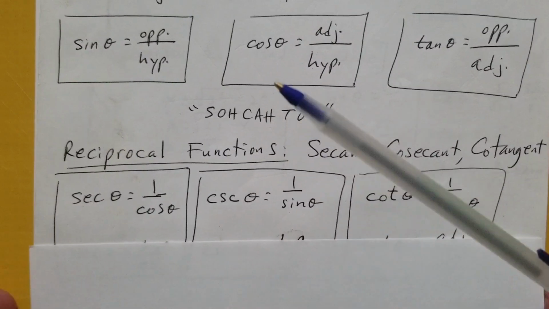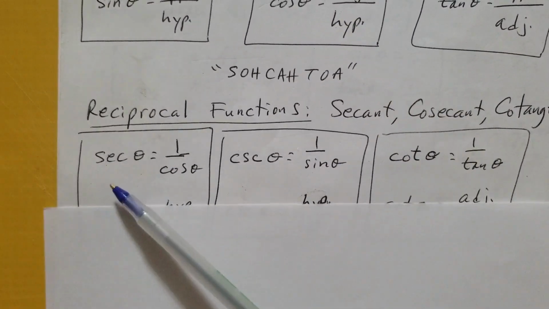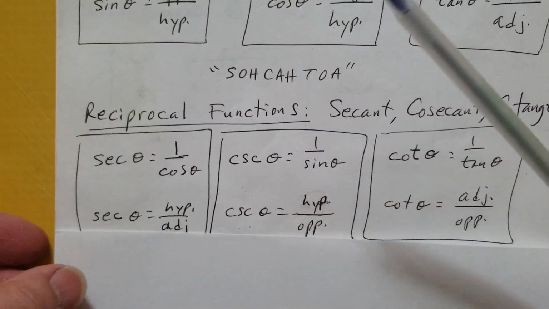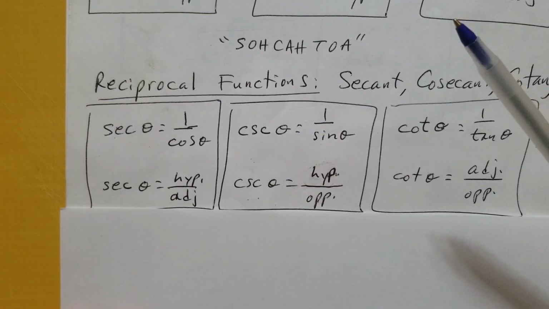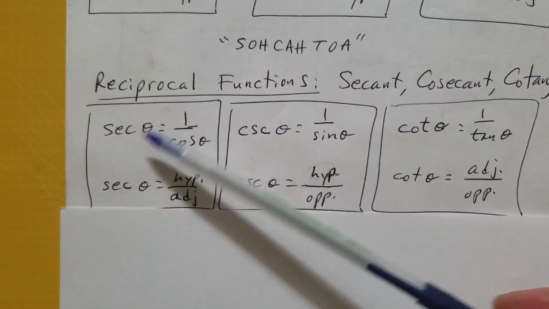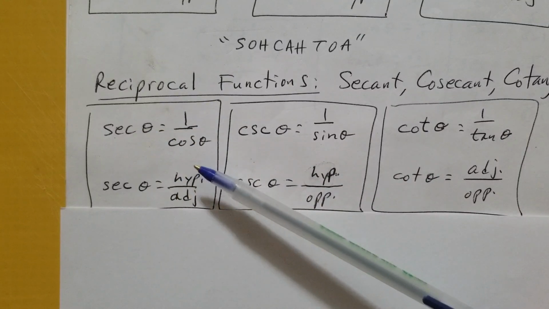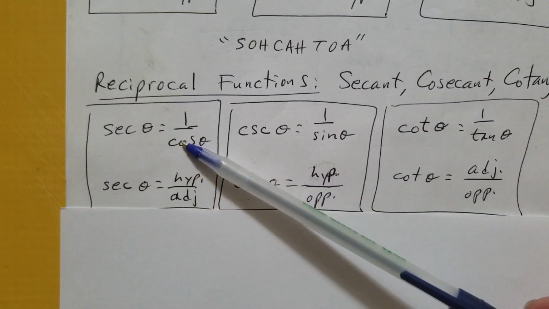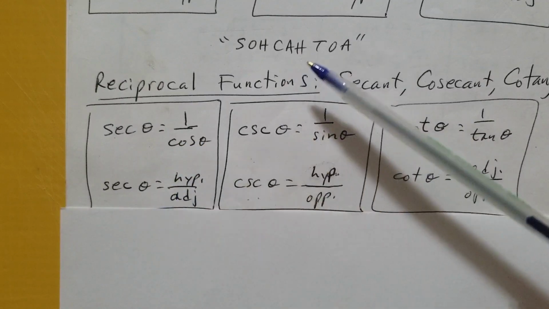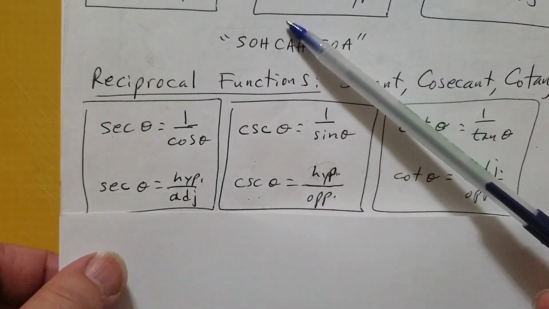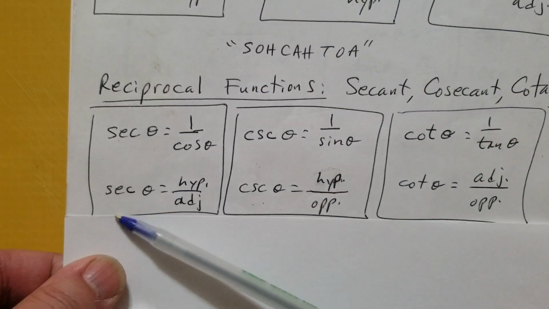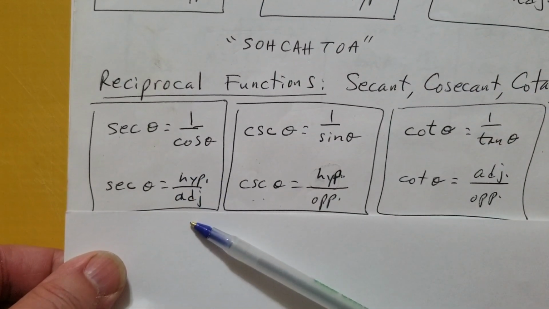So the secant is 1 over cosine, right? So think of it as the reciprocal of cosine, right? Cosine was adjacent over hypotenuse. Secant is hypotenuse over adjacent.